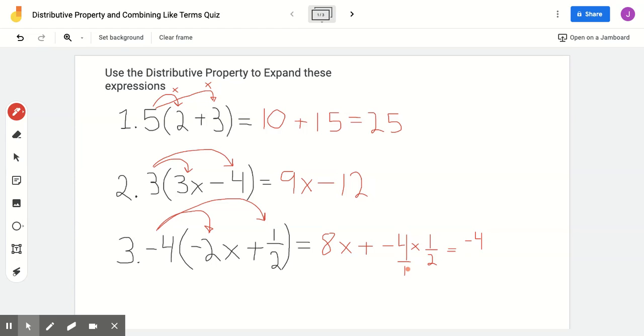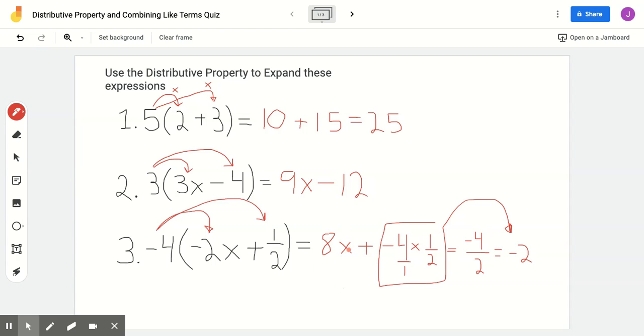Multiply the denominators. 2 times 1 is 2. So we get negative 4 divided by 2. That's the same as negative 2, because it's a negative divided by a positive, so our answer is going to be negative. So this expression right here turned into negative 2.